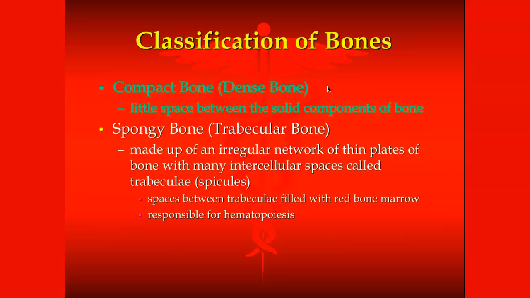And instead of having this dense matrix, we have thin plates of matrix or bone, and it has a lot of space between these plates, and those spaces are called trabeculae or spicules. And those spaces are important because they allow us to put our red bone marrow in. So spongy bone has all these gaps where we stick in red bone marrow, which is responsible for creating blood cells.